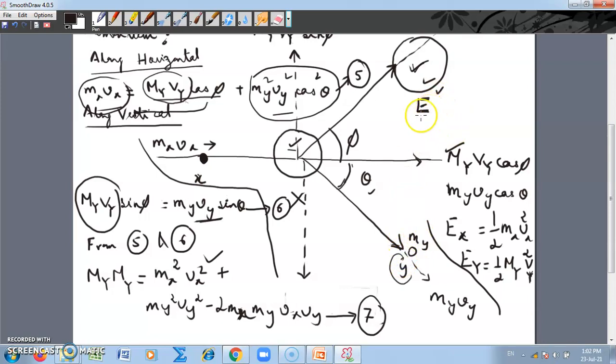Here all these are moving, so these have kinetic energy. So we have E small y now is equal to half into m small y into v small y squared.